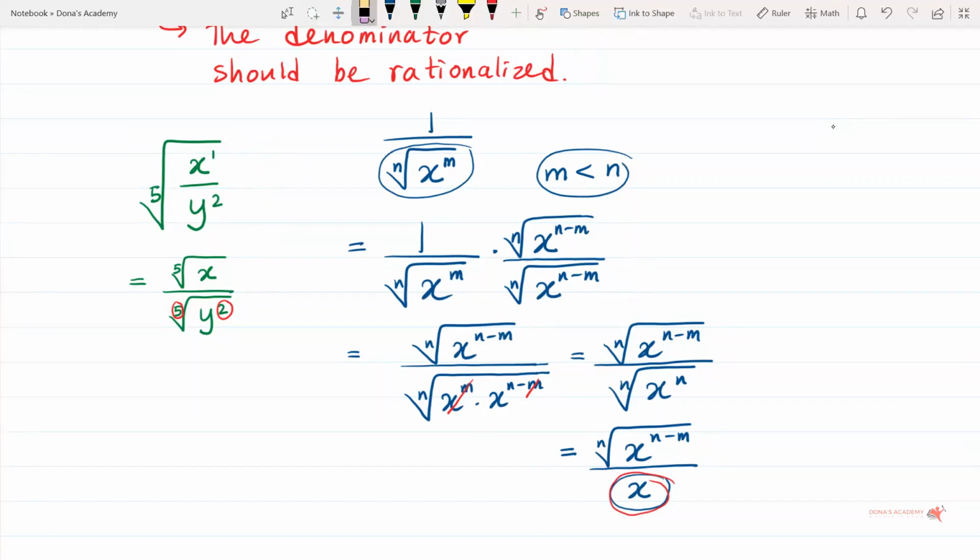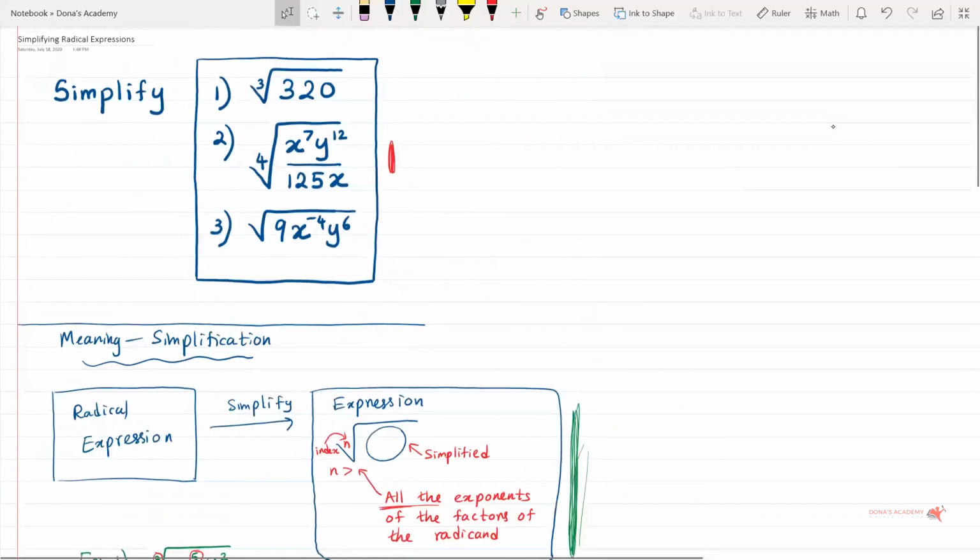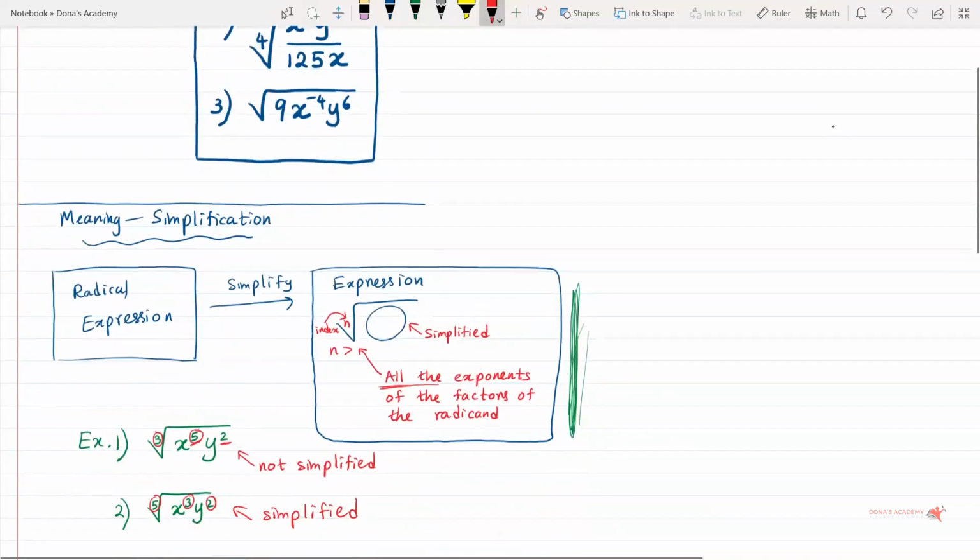Now there is another thing I have to mention. When it comes to a number, if you have to simplify a number like this first example, it seems like it's already satisfying these conditions.